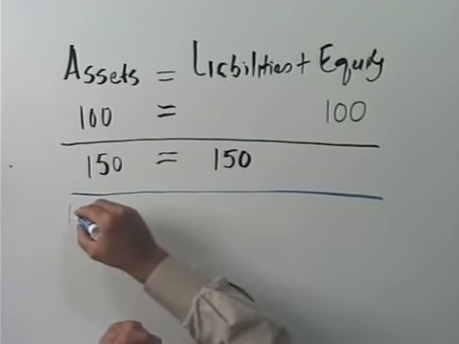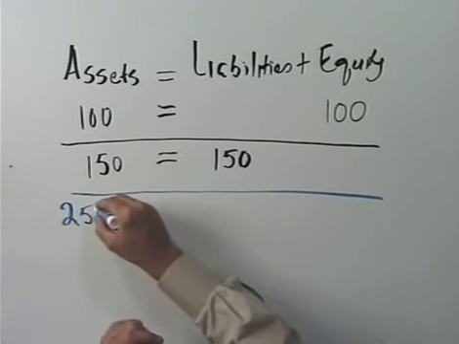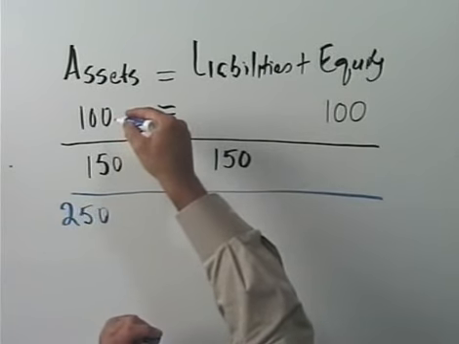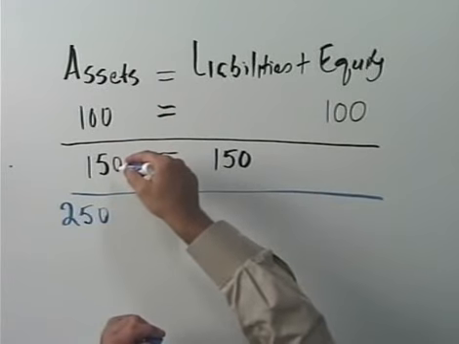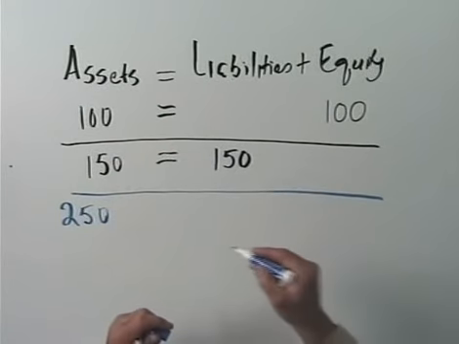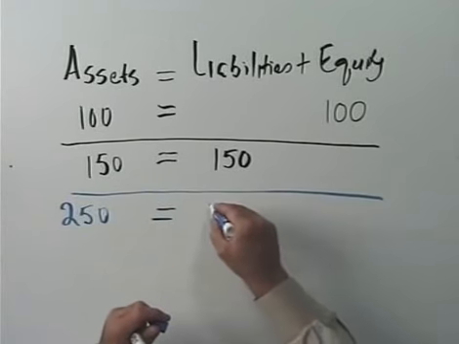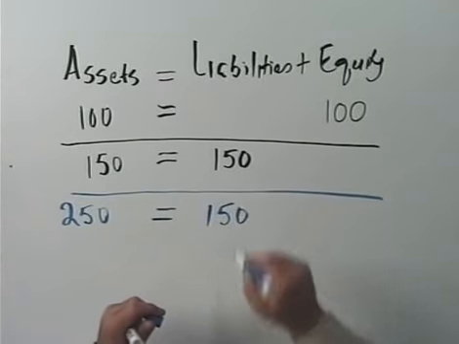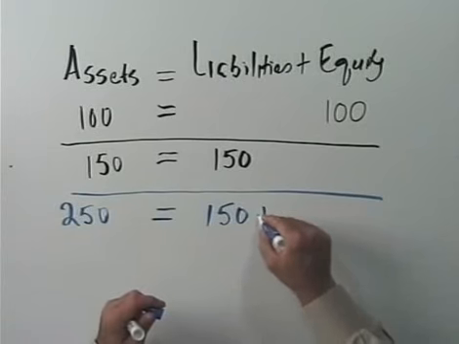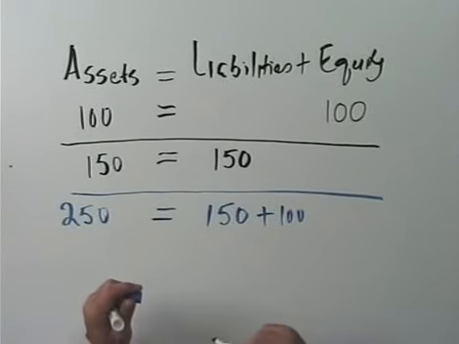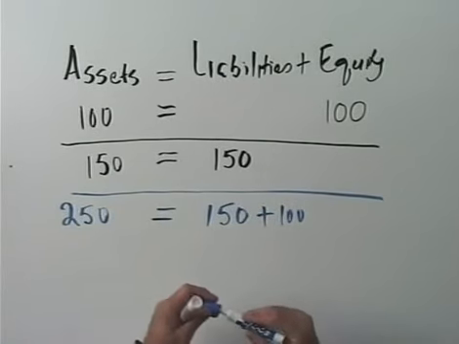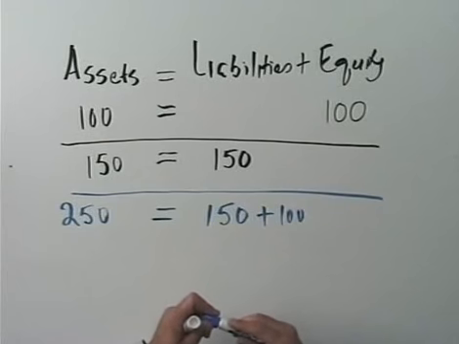You will have $250 in cash because you had the 100 to begin with from the owners. You've added $150 that you borrowed. That $250 in assets is offset by $150 in liabilities and the $100 in equity. And once again, the equation is in balance.